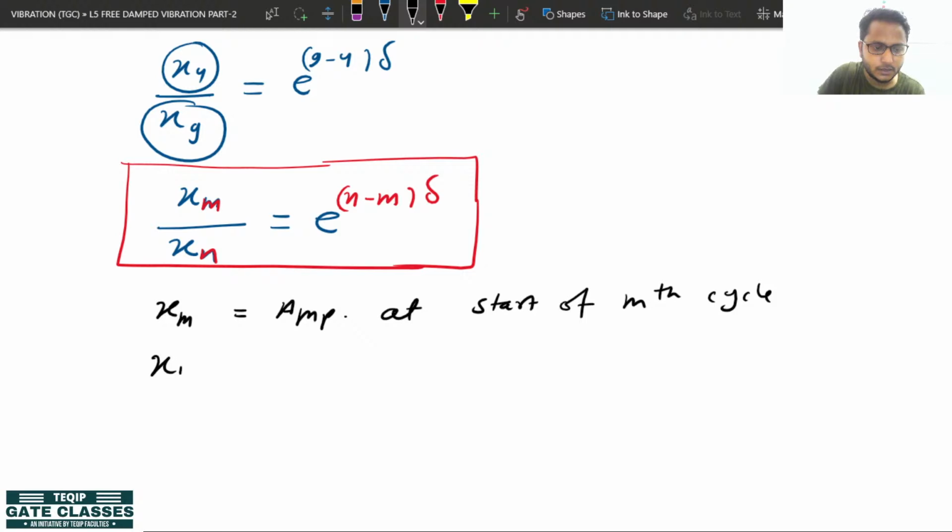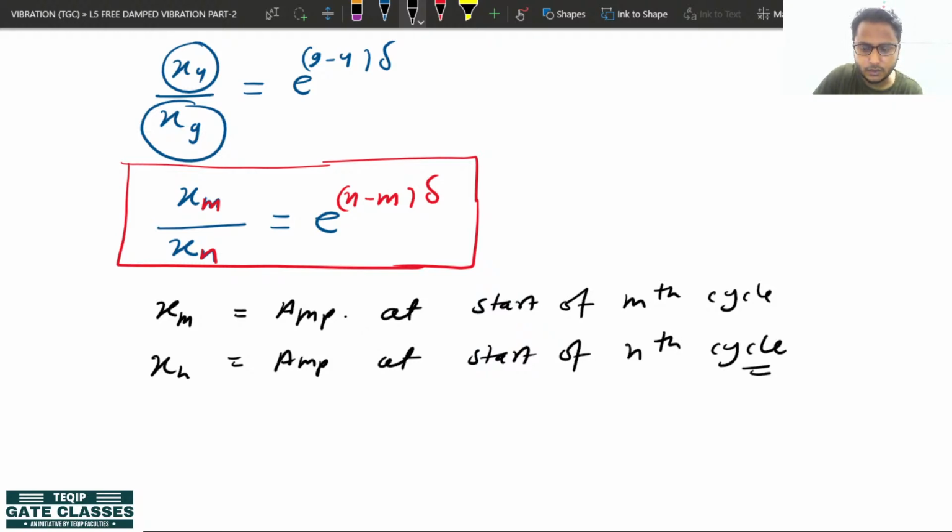And what is xn? It is the amplitude at the start of the nth cycle, right? Start of the nth cycle. Okay, I think it is fine to all. You have to remember this one.